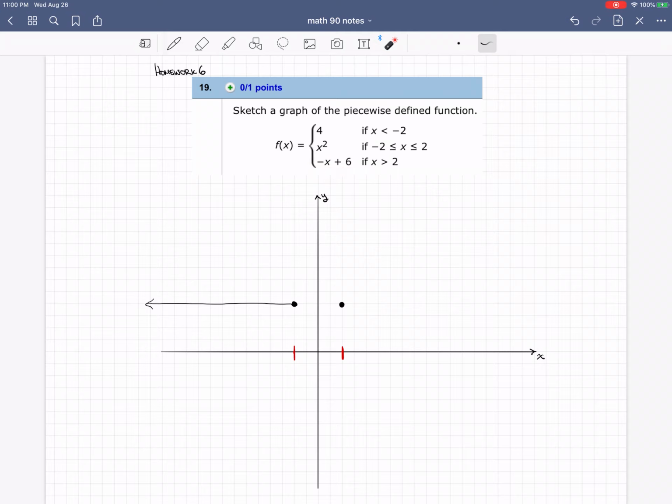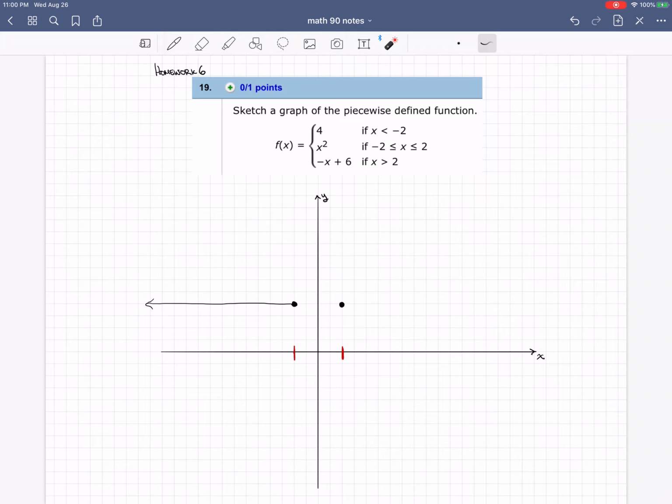We called it piece 3. And it starts at 2. But if you plug 2 into that, yes, that would be an empty point. But what happens if you plug 2 into -x plus 6? You get 4. So these 2 pieces butt up to each other also. So even though technically there's a filled in point and an empty point, you don't see them because they overlap. You just see the one filled in point.